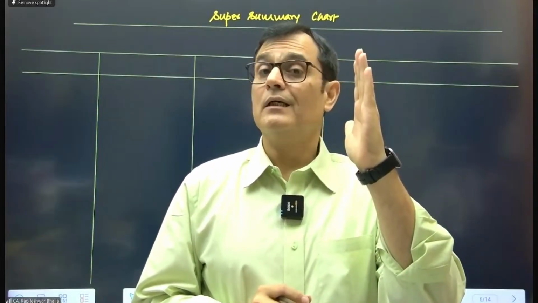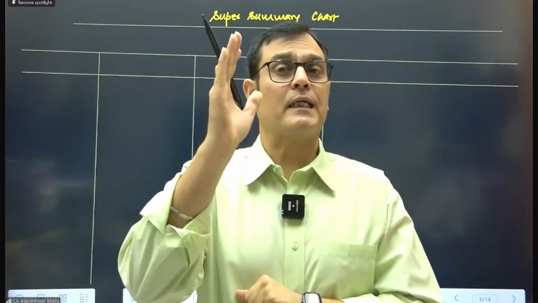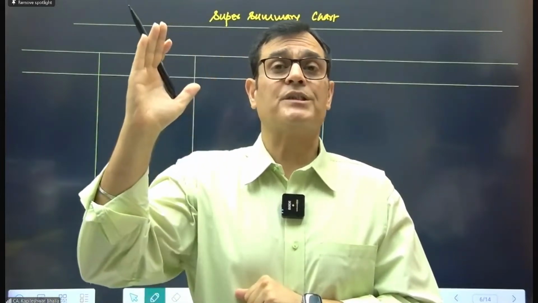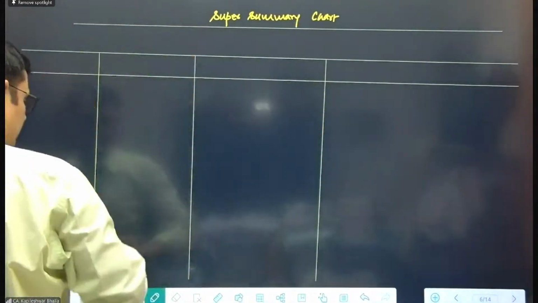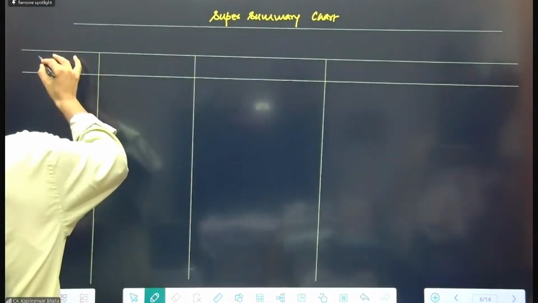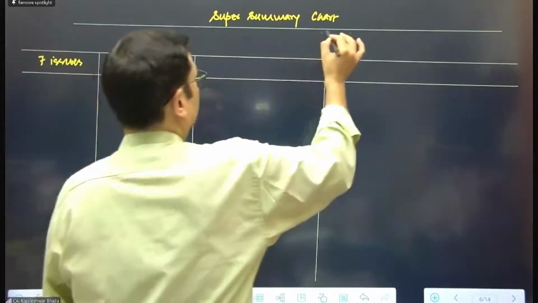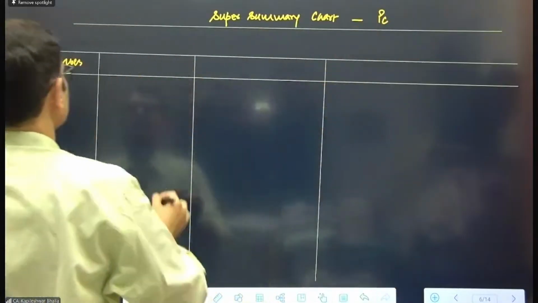What is done before acquisition, that is the acquisition entry, what is done on acquisition, as part of the acquisition accounting, and what is done post business combination. So let's consider the 7 issues. This is the super summary chart related to the purchase consideration.